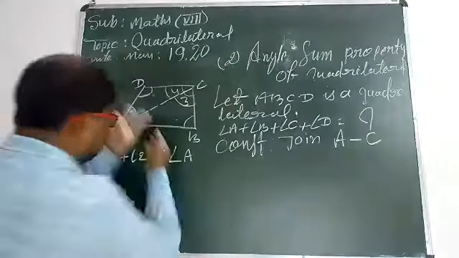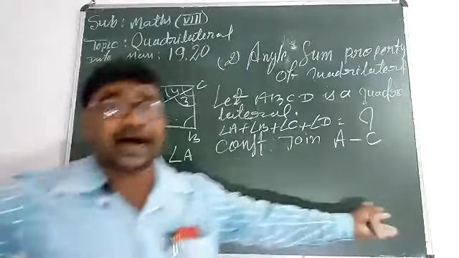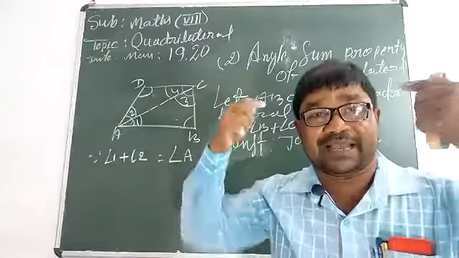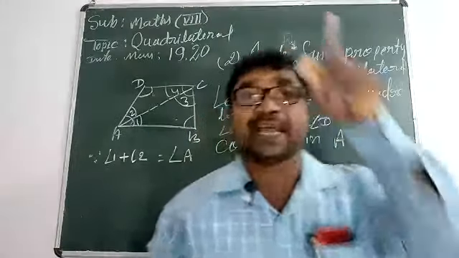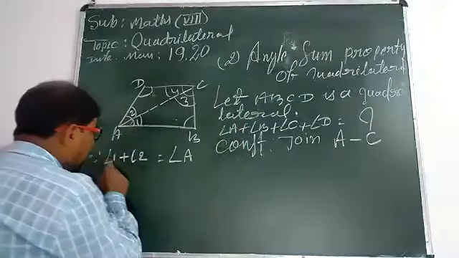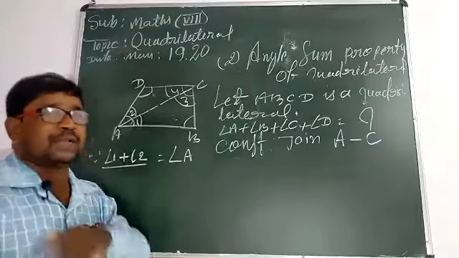This is the special name given by us. One part is angle 1, another part is angle 2. So angle 1 plus angle 2 equal to angle A.